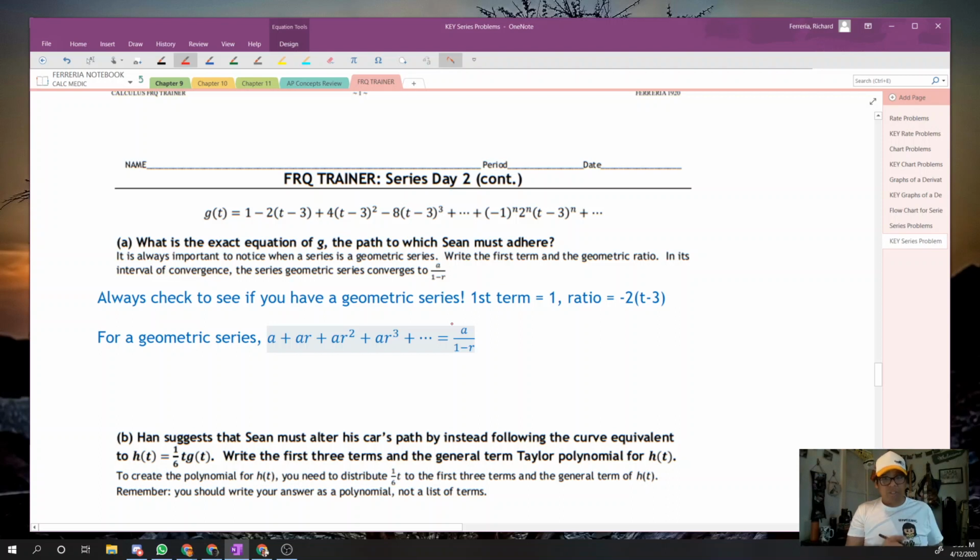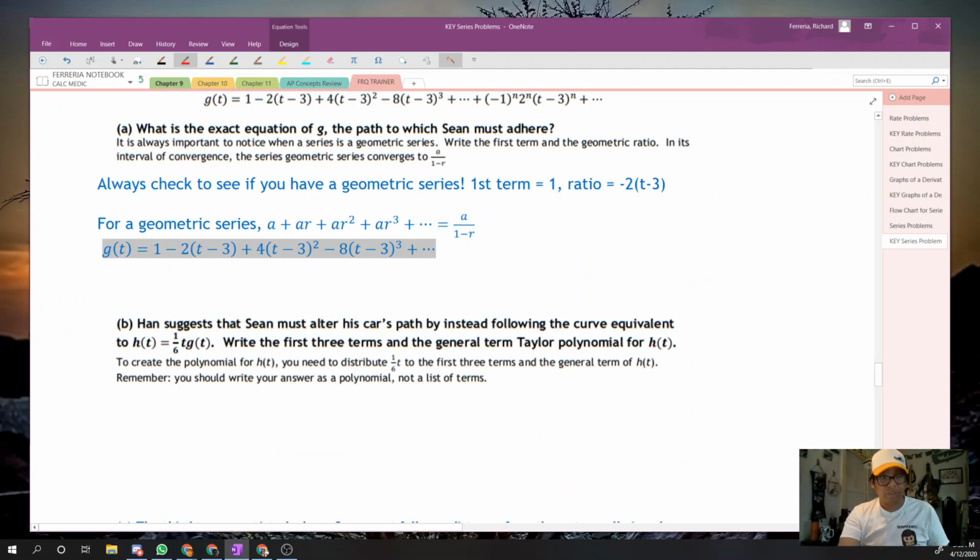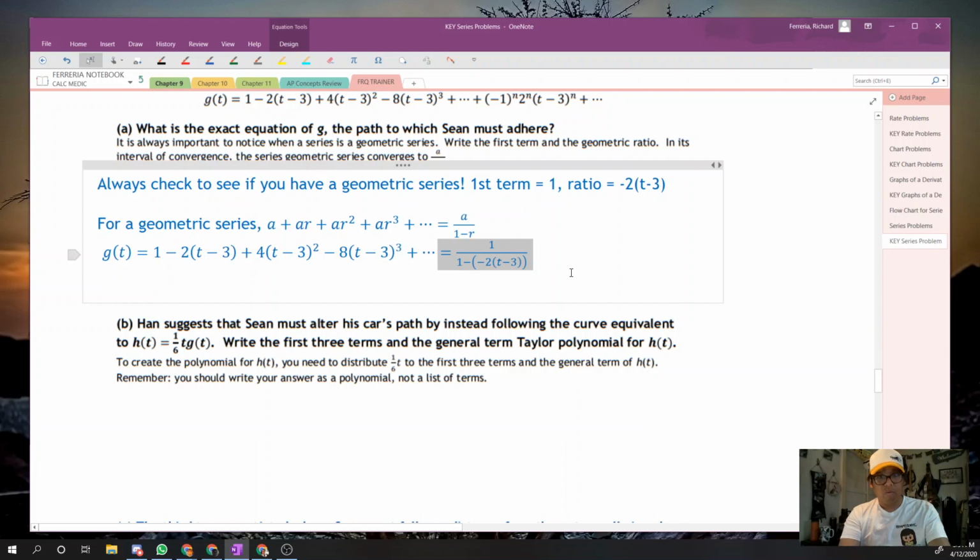So that means that the series is going to add up to a over 1 minus r. In other words, the series is going to add up to 1, which is the first term, over 1 minus the quantity -2t minus 3. Now that may or may not be an algebra problem for you. Hopefully not. I mean, you're in calculus after all.